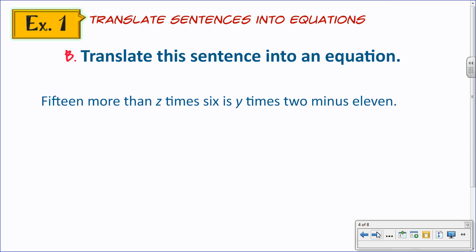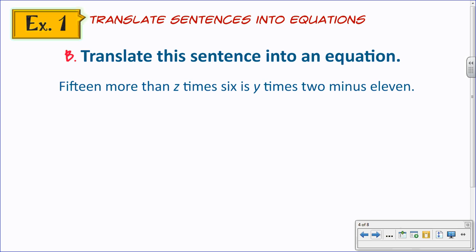Example B, translate this sentence into an equation. Same thing, you've got 15. As I read it, I'm just going to write it down in either numbers or symbols. 15 more than, that implies what? Plus z times 6. So I need to put 6 where?